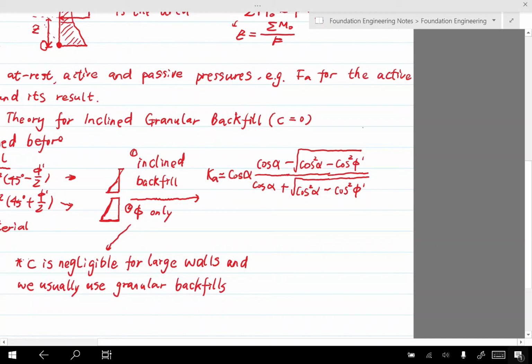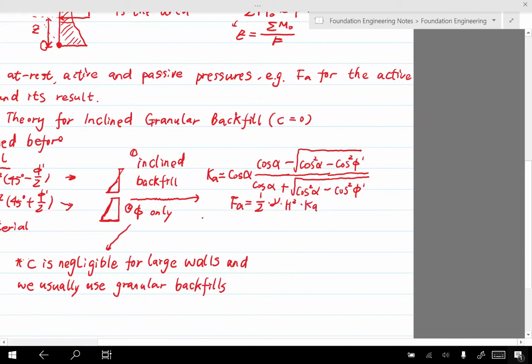If we know how to calculate Ka, then Fa just equals 1/2 times gamma times h squared times Ka. So this equation is the same as the one that we learned before.